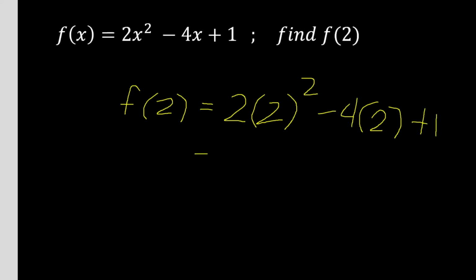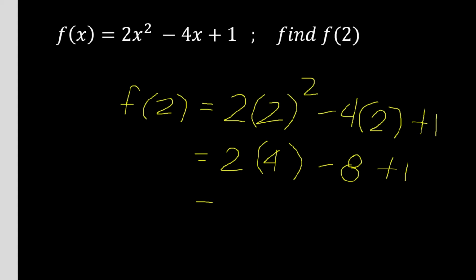So simplifying this, we have 2 times the square of 2 is 4, minus 4 times 2 is 8, plus 1.